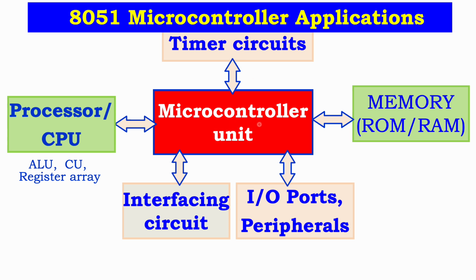The microcontroller unit has a processing unit, a memory, and I/O ports, peripherals and interface circuits to interface any circuit for different applications, and it produces delays according to the purpose of use by using the timer circuit. This is the simple review of the 8051 introduction.